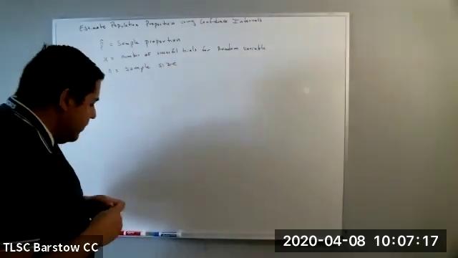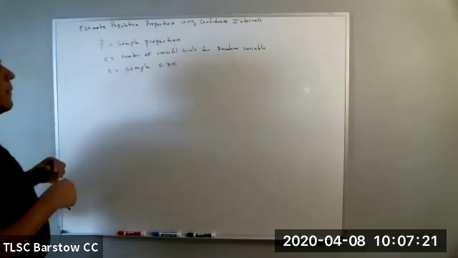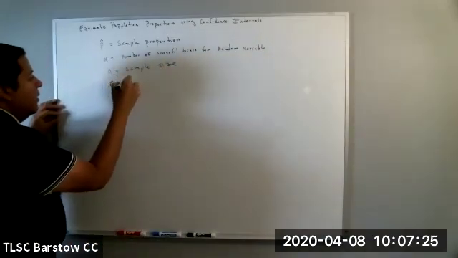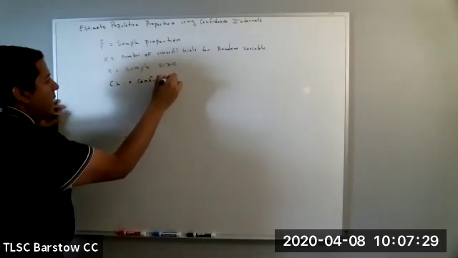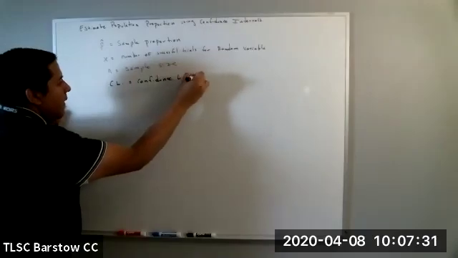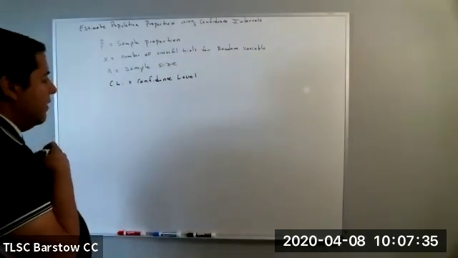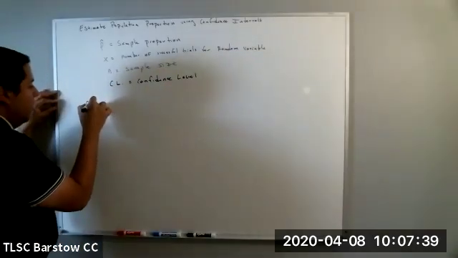So essentially what you want to do is create a confidence interval, and CL is usually the confidence level. So ideally what you're trying to do is create a confidence interval.